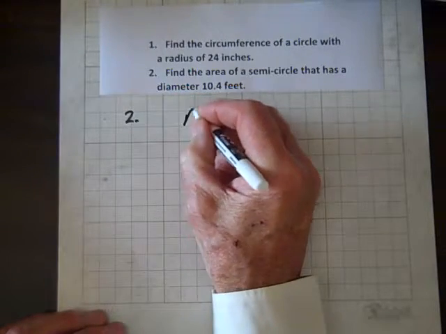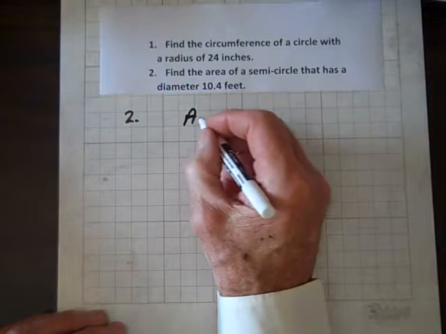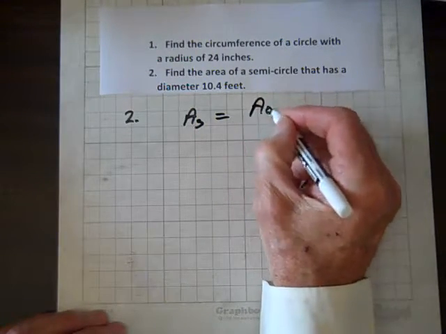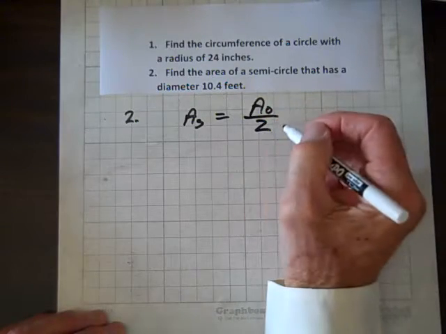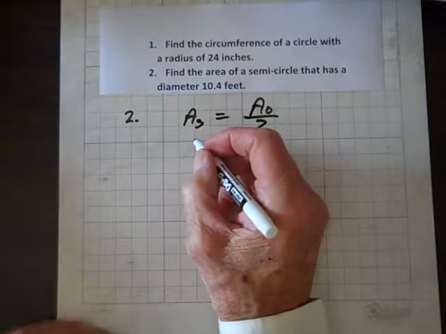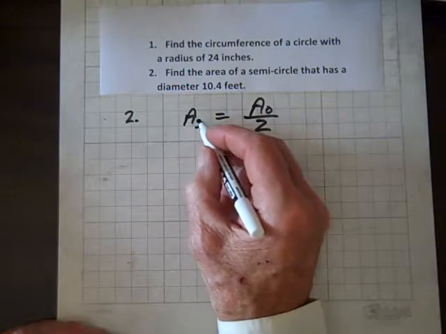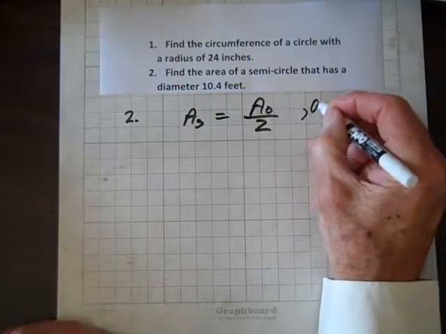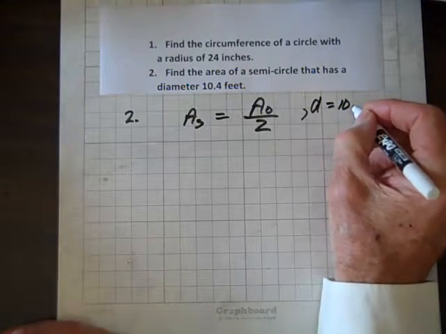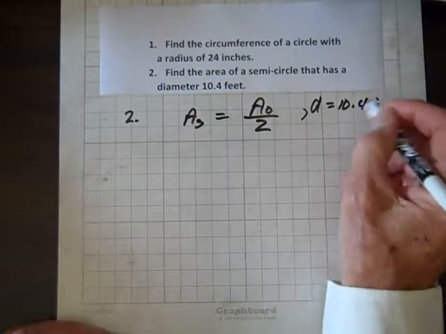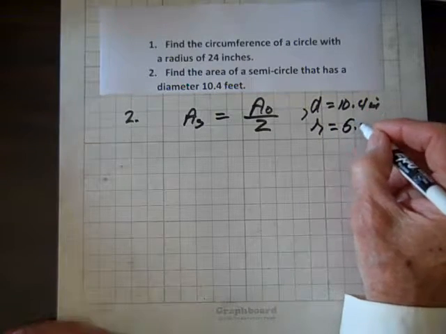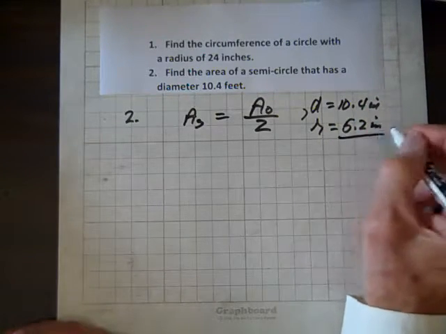So the area of a semicircle equals the area of a circle divided by 2. So there's that subscript, area of a semicircle. So we know the diameter, d equals 10.4 inches.